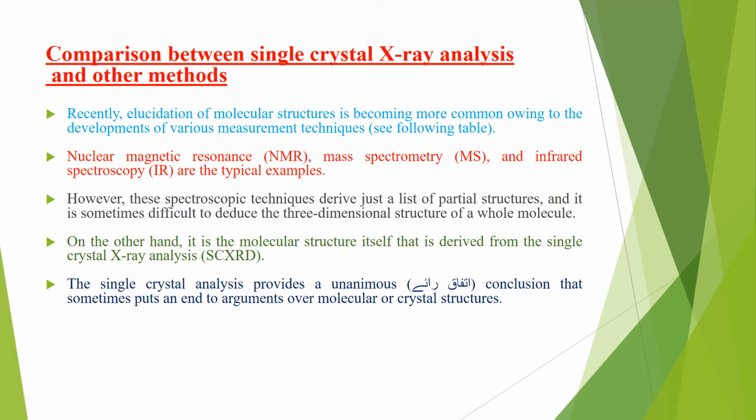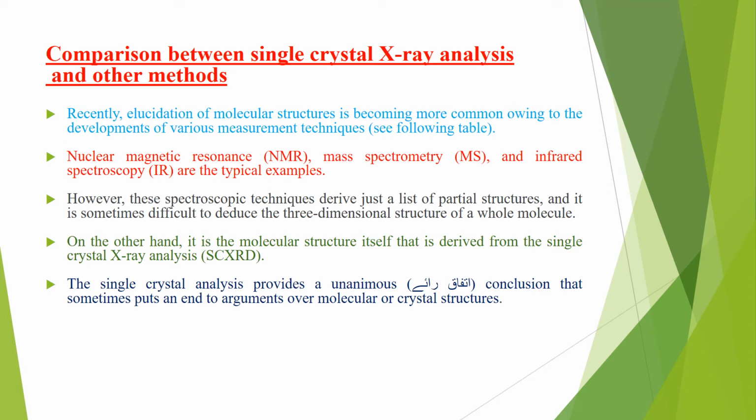Here is a comparison between single crystal X-ray analysis and other methods. Recently, elucidation of molecular structure is becoming more common owing to the development of various measurement techniques, and there is the following table data in the next slide.